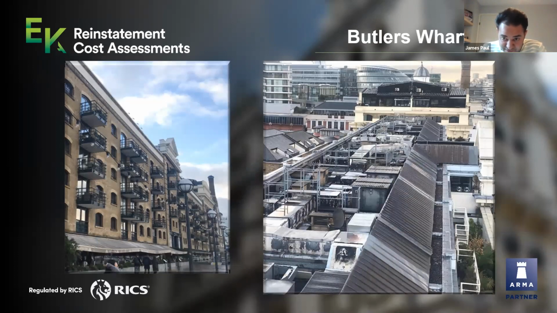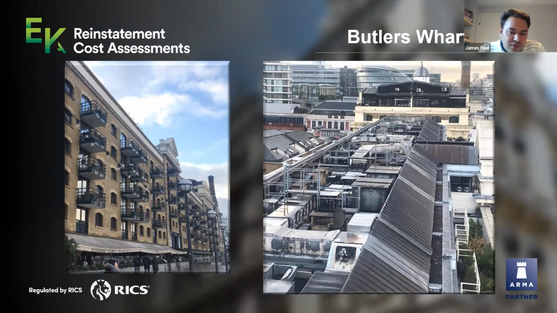Here's a happy ending for us to sort of not quite finish, but almost finish up on. This is a building down near Tower Bridge on the River Thames called Butler's Wharf. This is something that we got involved with about a year ago. And you may know it, you may have walked past it. Basically, it's another converted mill building.